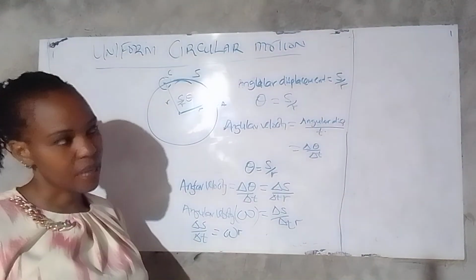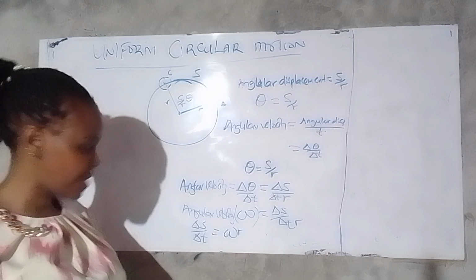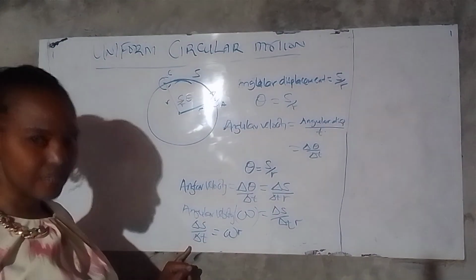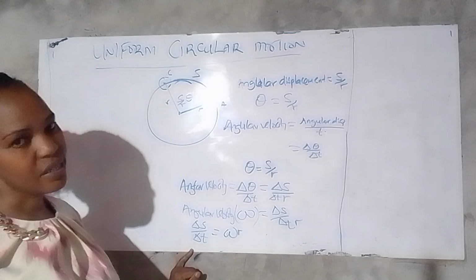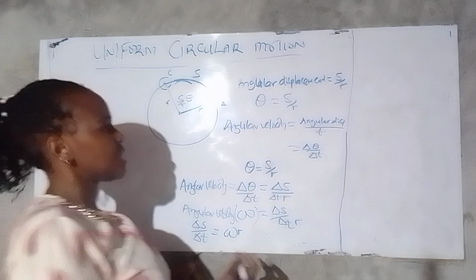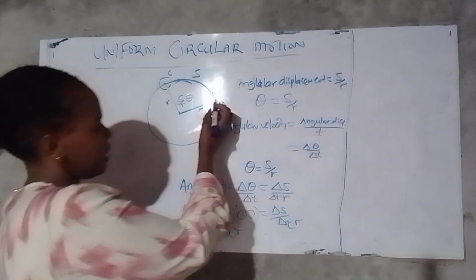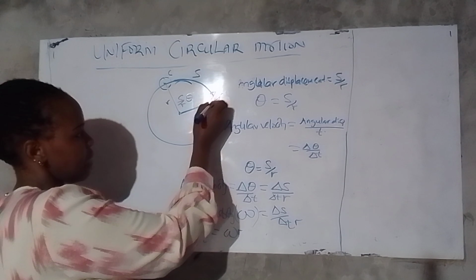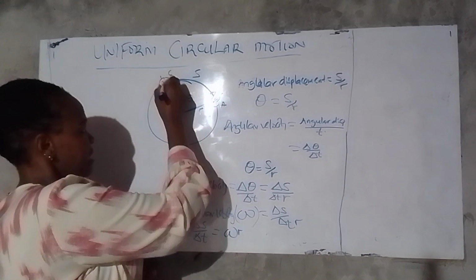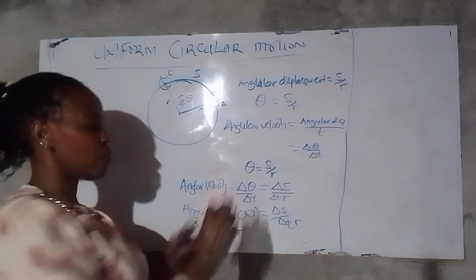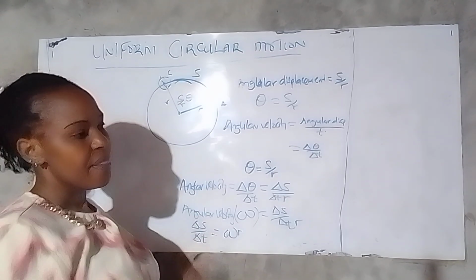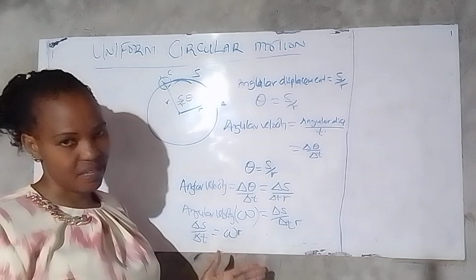Now there is something I want us to think of here. As we are talking about delta s over delta t, what is delta s over delta t? Now you see, if I cut this circle at that point and I cut it at that point, then take that piece on a meter rule, pay attention, take it on a ruler, then I'll measure linear length.